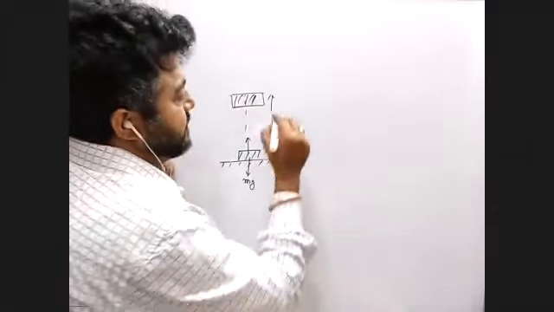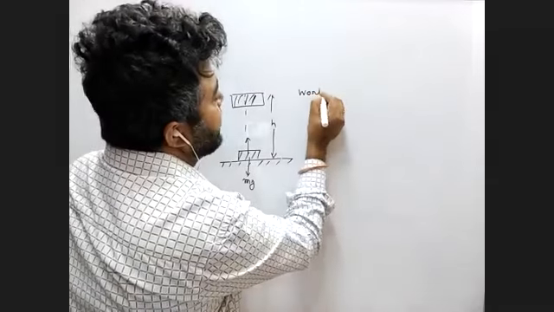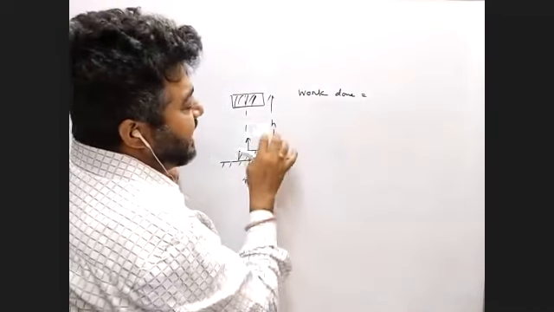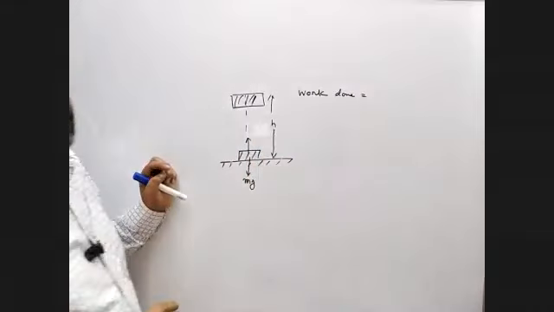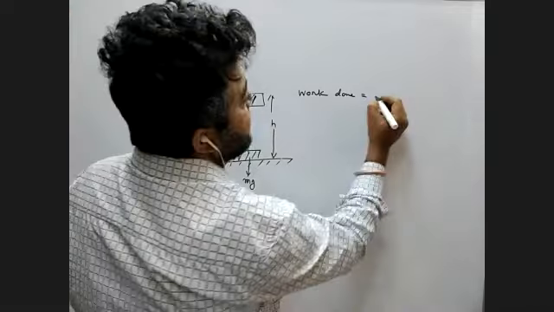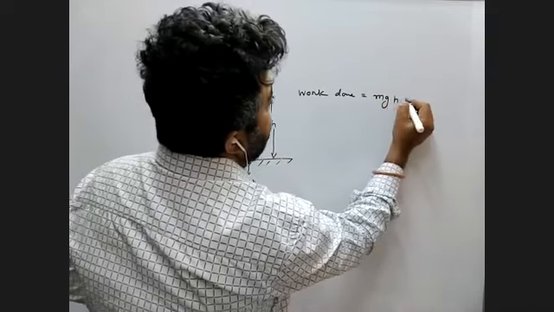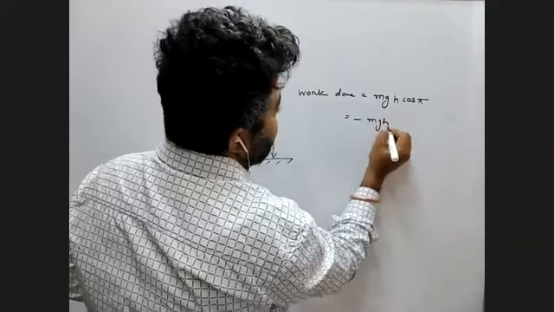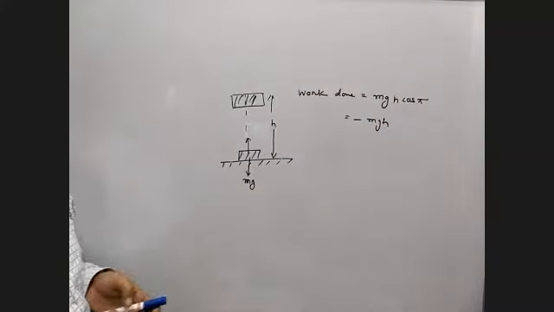So work done: mg and h make an angle of 180 degree. So this work done is mgh cos 180, that is minus mgh. Is it okay?